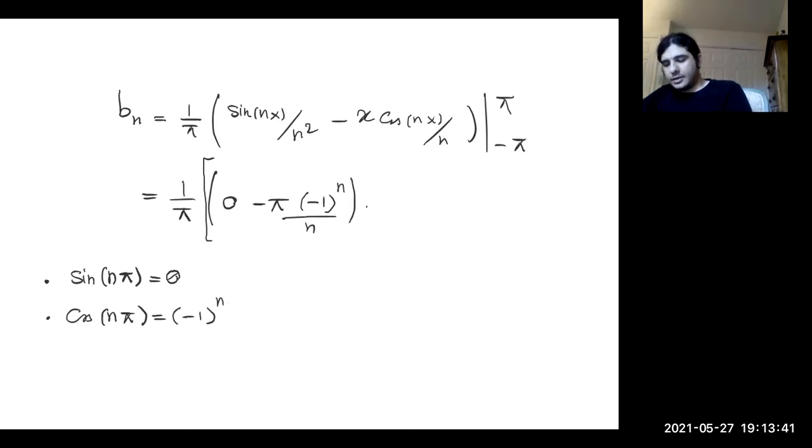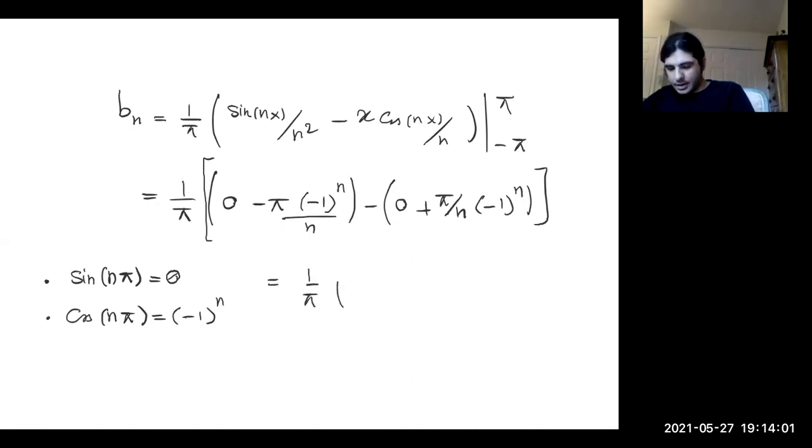And then we should plug in minus pi into this solution. So again, we would get 0 minus pi, which would be pi over n times cosine of minus n pi, which would be again minus 1 to the n. So the result would be 1 over pi and minus 2 pi minus 1 to the n.